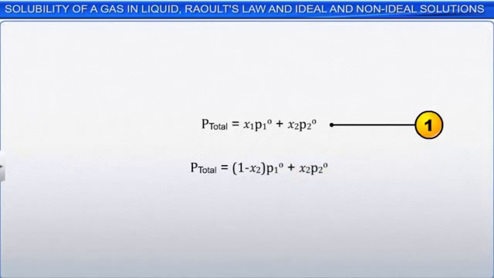Let this be the equation 2. In the equation thus obtained, we can see that P total is a linear function of mole fraction x2 as P1 naught and P2 naught are constant at a particular temperature.